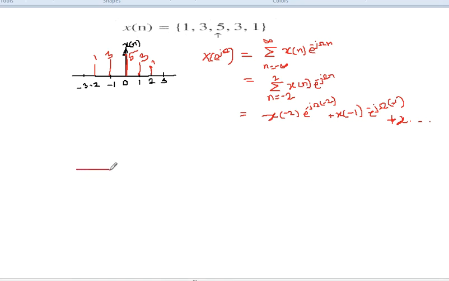So we can represent that signal in this fashion, just like a rectangular pulse, but it is not periodic.